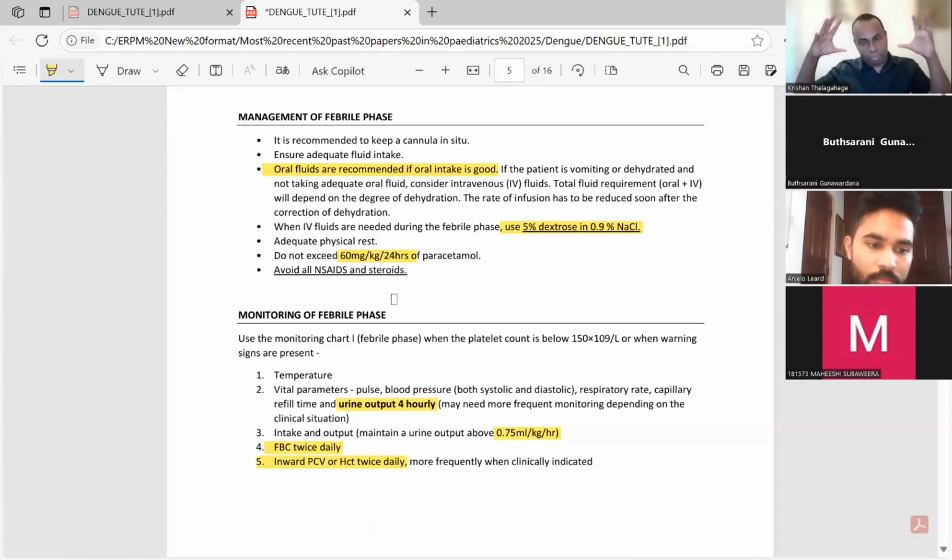Critical phase, maintenance plus 5% deficit. The other difference is that in the febrile phase you give fluids over 24 hours, and in the critical phase you give it over 48 hours.